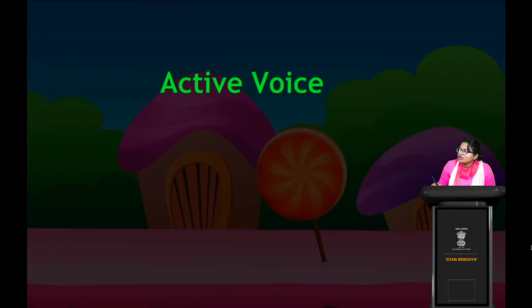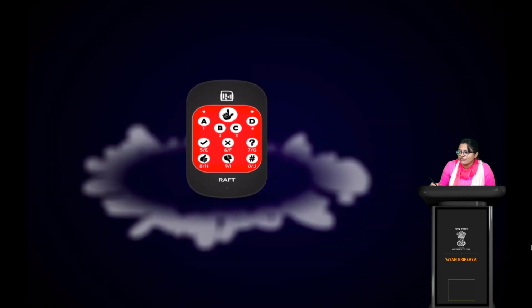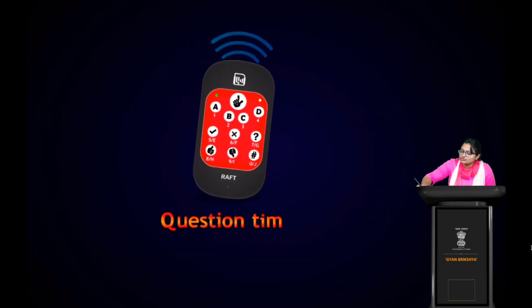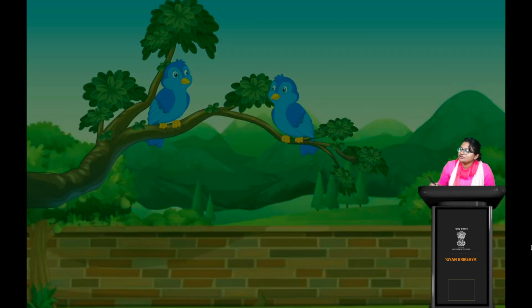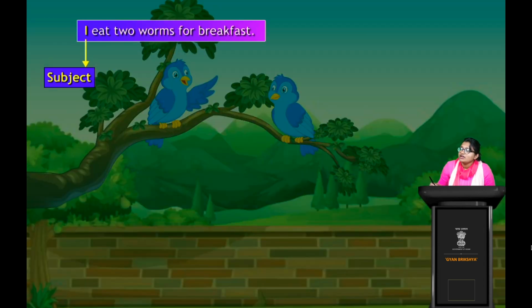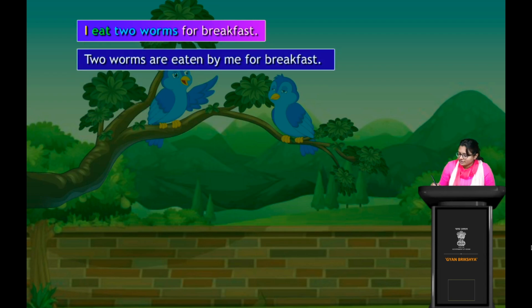Then we looked at different examples of active voice and passive voice. As I told you at the beginning of our class, there are 2 types of voice, active and passive. Let's look at more sentences. I eat 2 worms for breakfast. This is the subject, this is the verb, and this is the object, and that part, for breakfast, can be called the complementary closure.